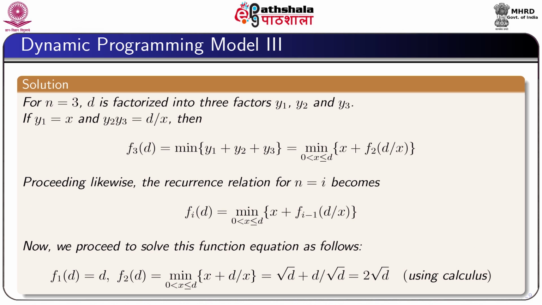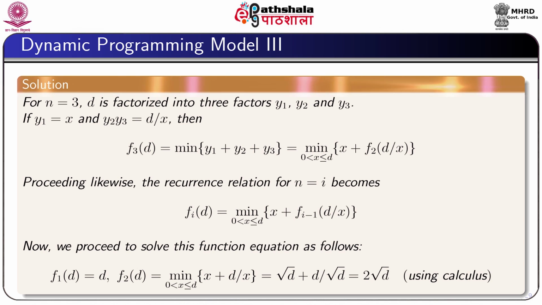Now, for n equal to 3, d is factorized into three factors, where y1, y2, y3 are those three factors, and if we assume y1 equal to x, then obviously y2, y3 will be equal to d by x.